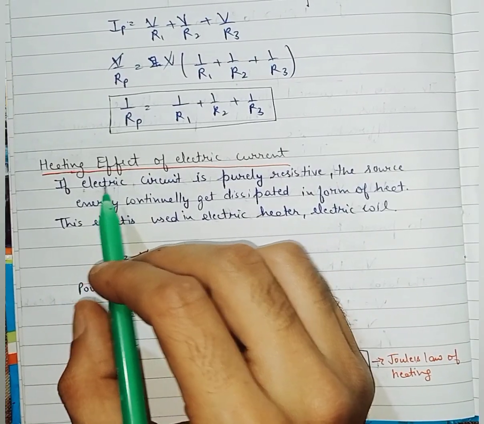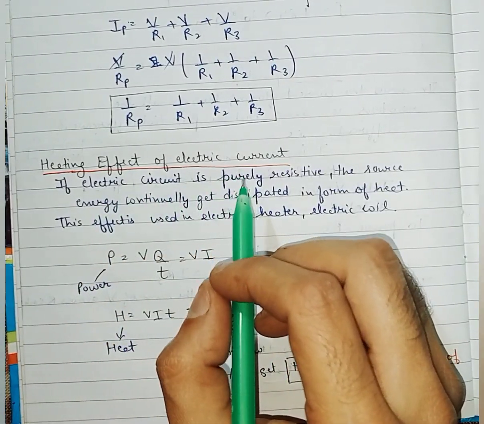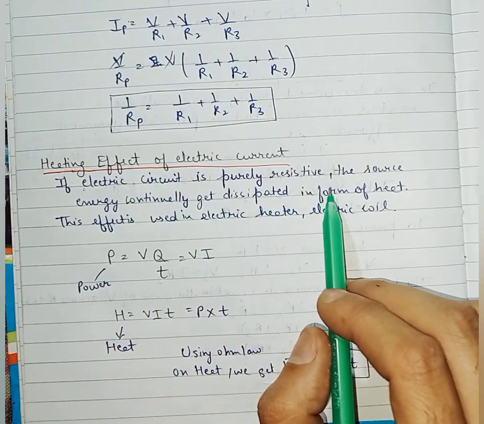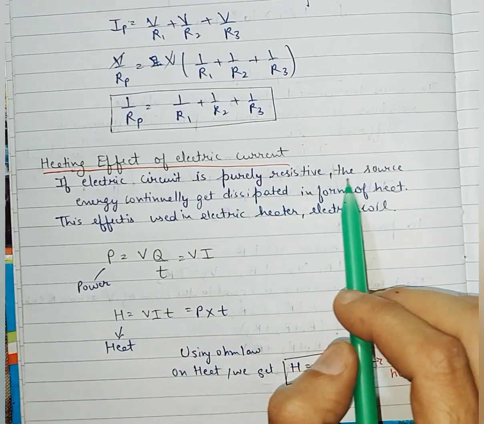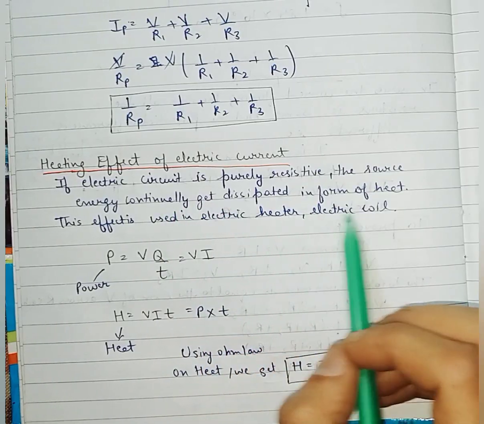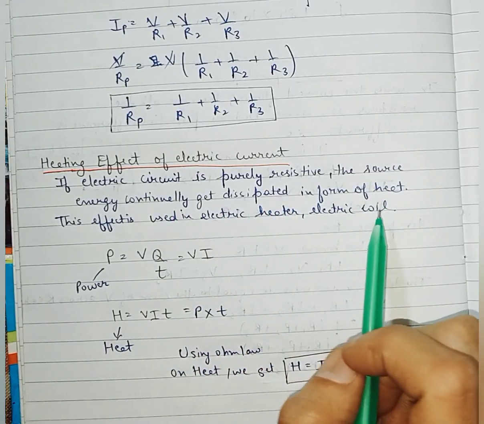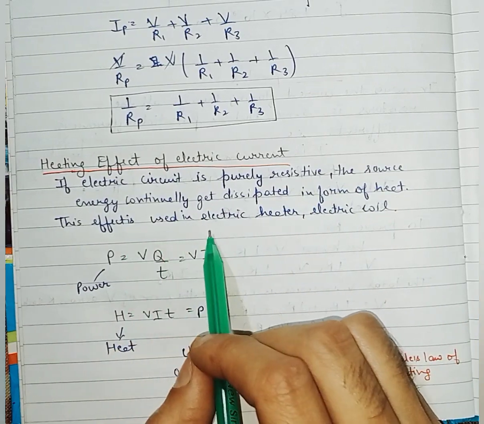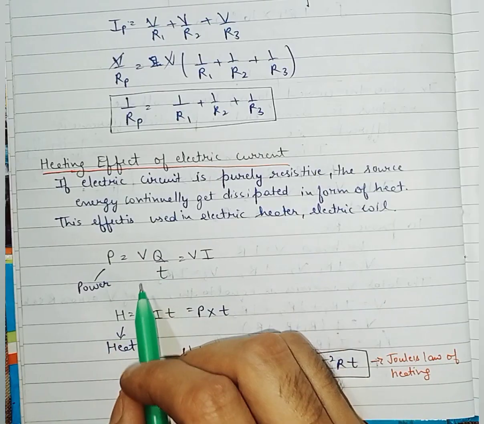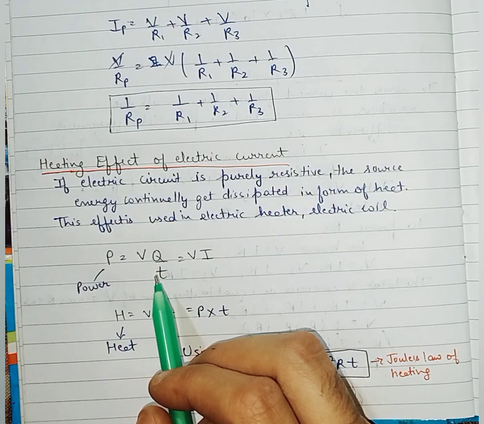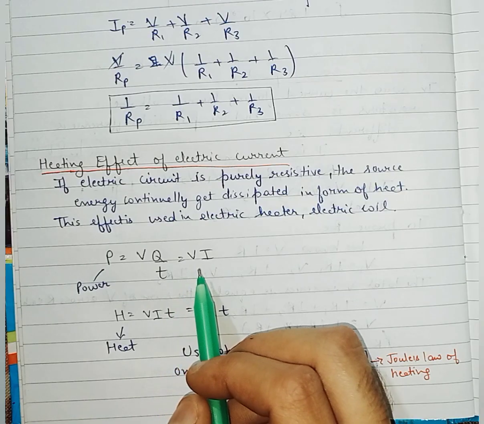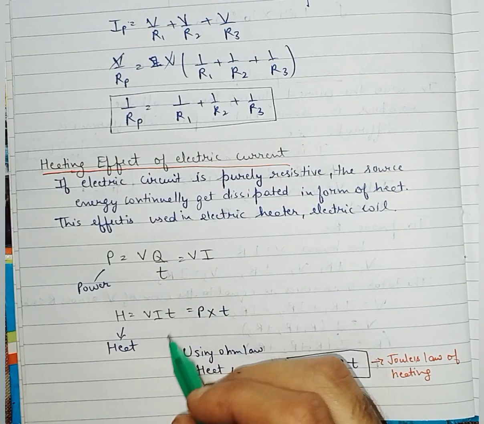Our next point is the heating effect of electric current. If the electric circuit is purely resistive, the source energy continuously gets released, or dissipated, in the form of heat. This effect is used in electric heaters or electric coils. According to this heating effect, power is equal to V into Q by T, and we know that Q by T is equal to I. So power is equal to VI.